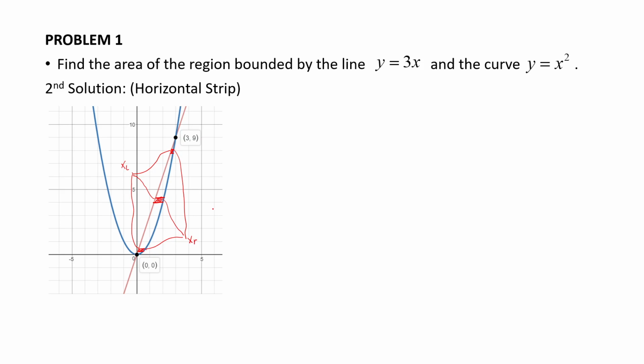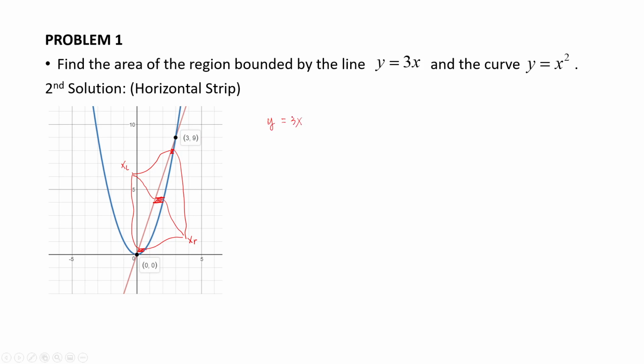Okay. So if you want to use the horizontal strip, let's write it first. For x left, since the left portion is the red graph, y is equal to 3x.